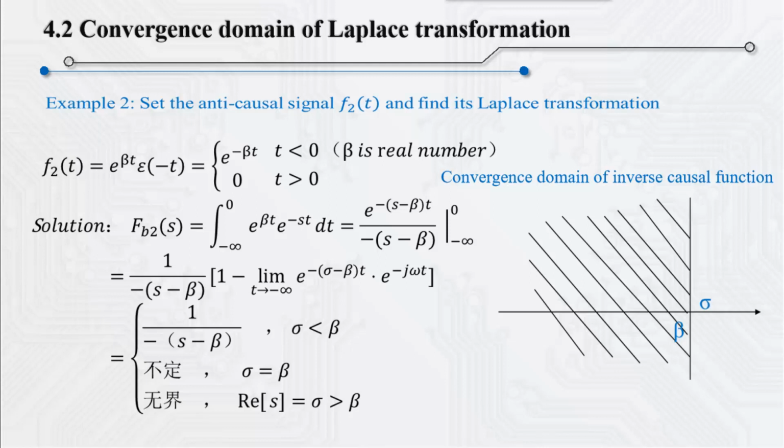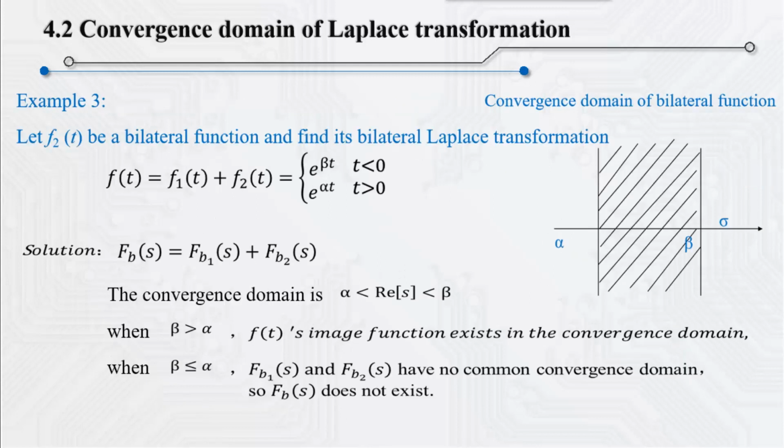When delta is greater than beta, the exponential tends to infinity, and e to the power of negative j omega t is of finite value, so F(s) is uncertain. Therefore, F(s) exists only when delta is less than beta, and the convergence domain of the Laplace transformation of f2(t) is delta less than beta.